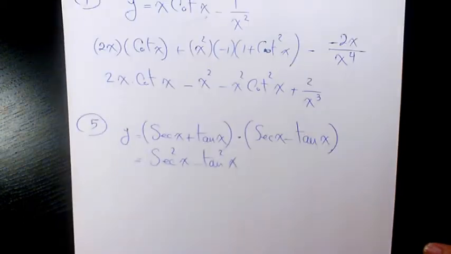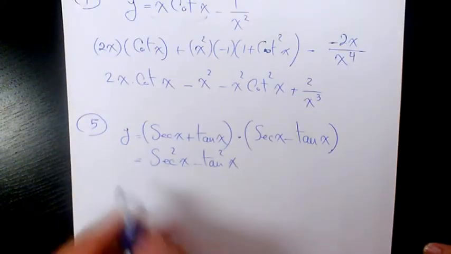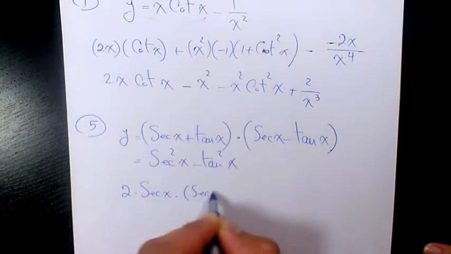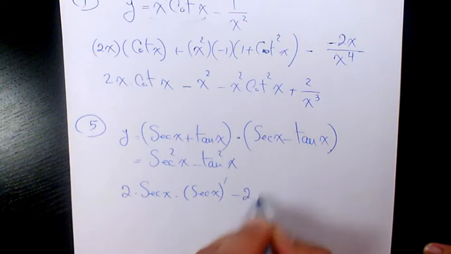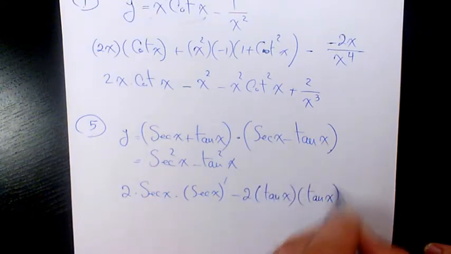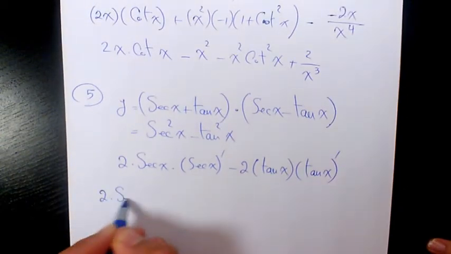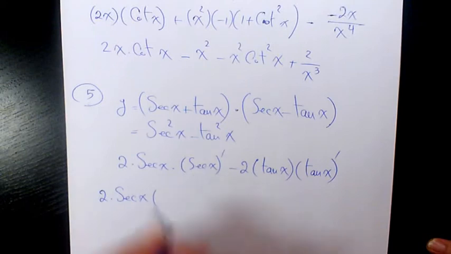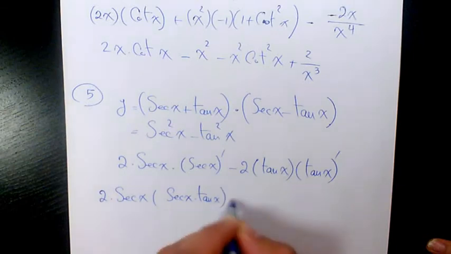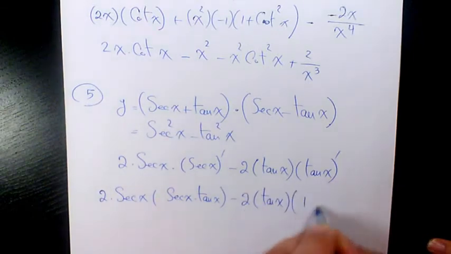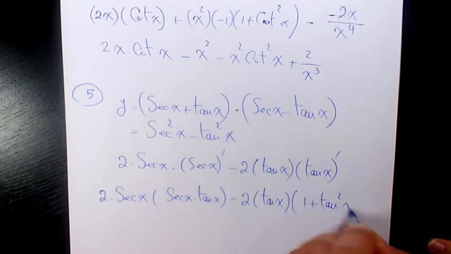When you find the derivative, it's going to be the derivative of the first part, which will be 2 times secant x times derivative of secant x, minus 2 times tan x times derivative of tan x. So it's going to be 2 times secant x. The derivative of secant x is going to be secant x tan x, minus 2 times tan x. Derivative of tan x is going to be 1 plus tan squared x.